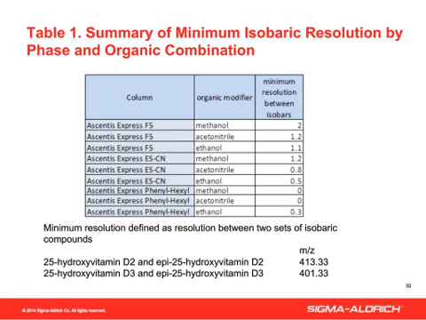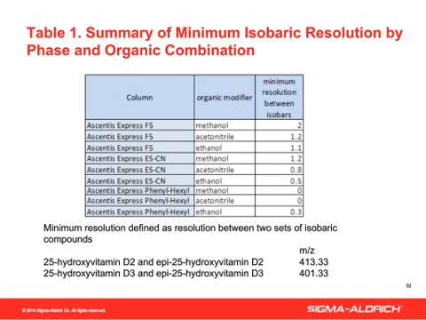As we can see, the phenylhexyl, regardless of the mobile phase combinations, was not able to resolve the vitamin D metabolites. We did see some resolution on the cyano phase, but it still wasn't sufficient to get proper identification and have confidence in the data that we were identifying the epimer away from the 25-hydroxy metabolite.